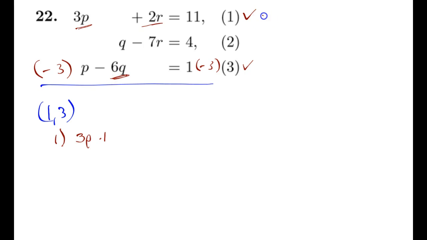Wait. That's okay, because I lost track of what I was trying to do here. I'm going to use lines 1 and 3 and eliminate the p. And then if I eliminate p, then line 2 becomes my b equation, and my a equation is not going to have a p in it. Okay, let's eliminate the p's. I think this will work.